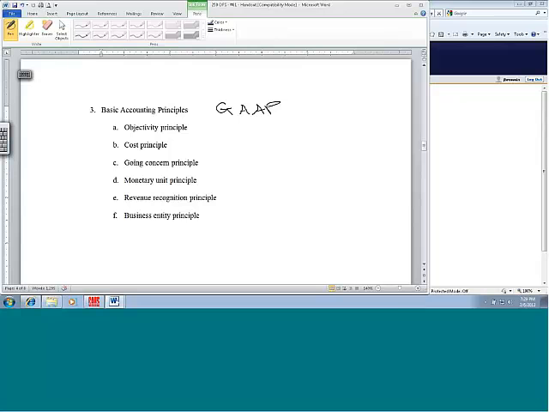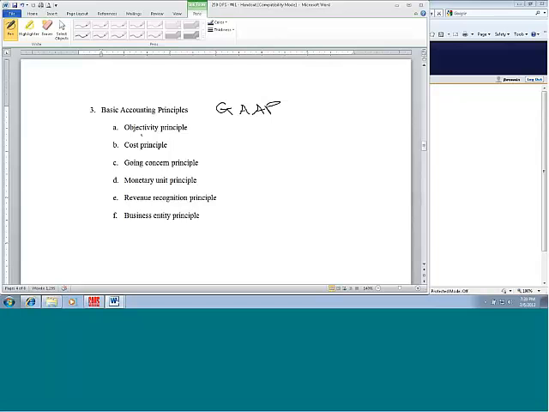And I'm going to refer to GAAP a lot over the course of Accounting 250 and 251. But some major overriding principles that you have in GAAP are these 6 principles. There's many, many more, but these are some overriding principles that everybody needs to understand.